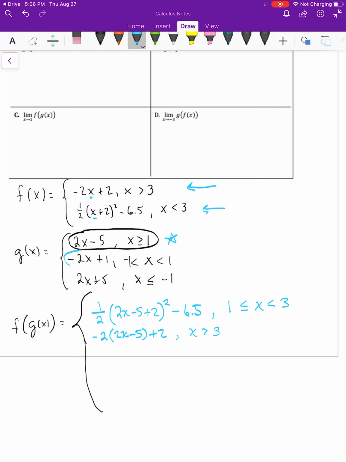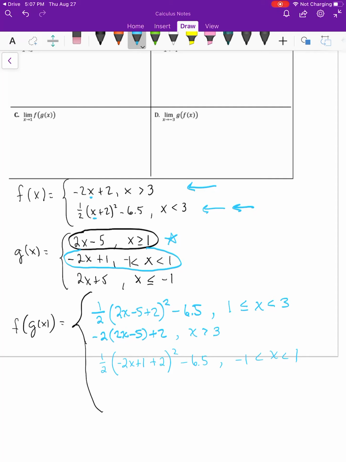And then for this piece, this is between negative 1 and 1. Well, negative 1 and 1 is less than 3, so that only has to go into that one part. So 1/2 times, and then we put our negative 2x plus 1 in for the x, plus 2 squared minus 6.5, between negative 1 and 1.